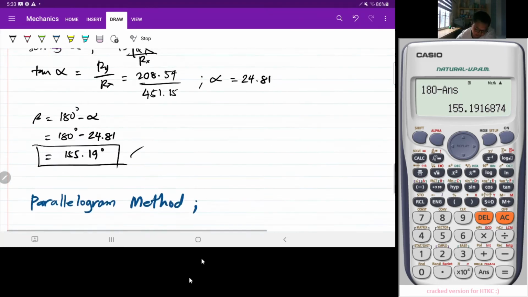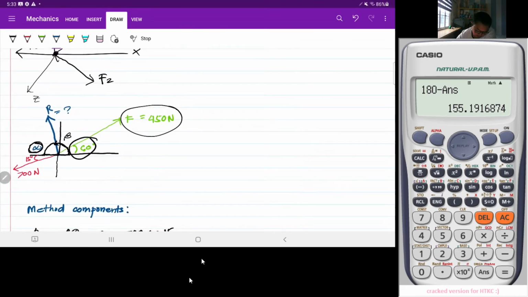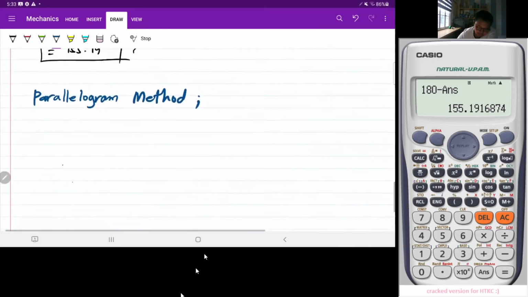So, question, do we have two external forces? Okay, so yes, we have, no. Why? Because the green and the red one are the two external forces. The blue one is just the resultant of the two external forces. So our problem qualifies for the parallelogram method.